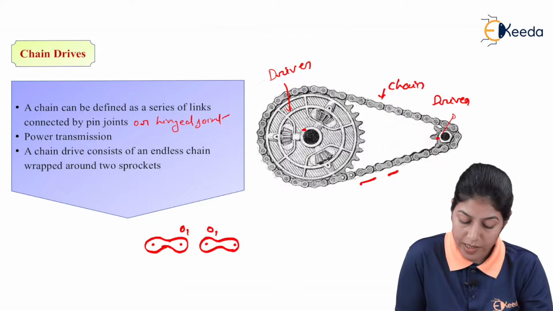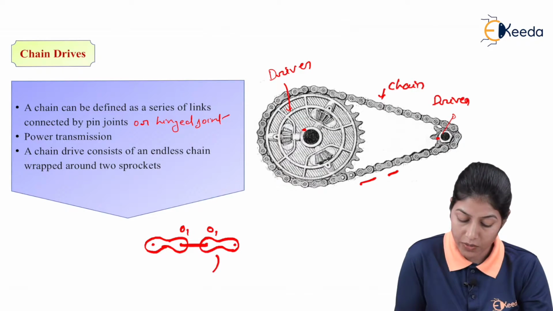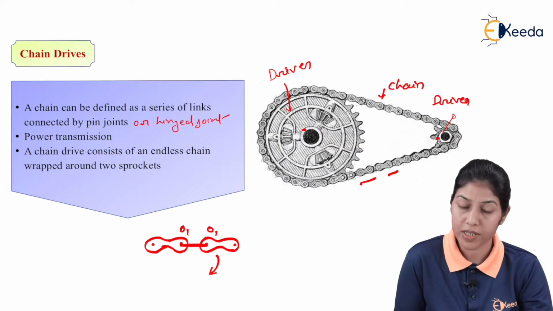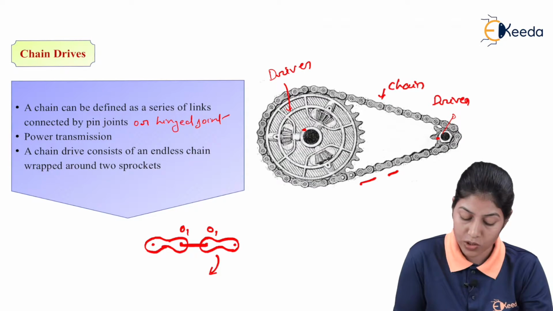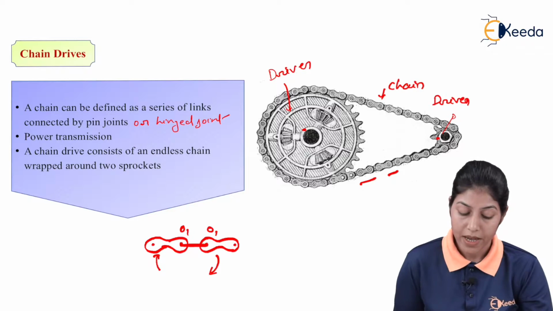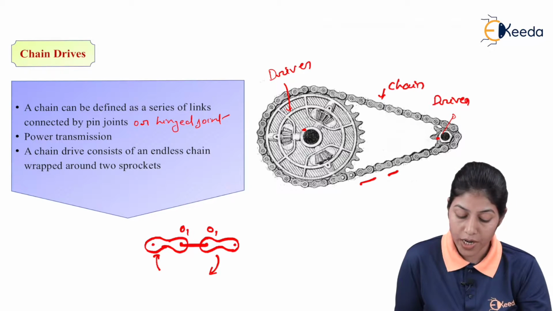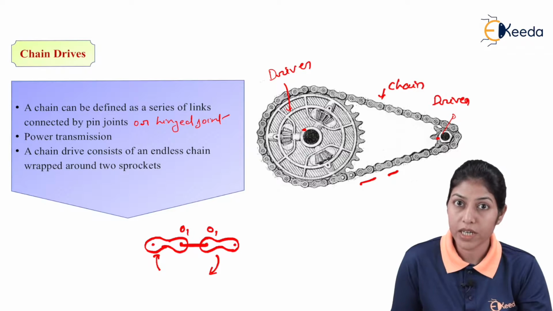Here this link is in contact with this particular link with the same center, and one link will rotate about this particular center, and this second link can also rotate about this center. So this combination of two links is representing the kinematic pair. And if a number of links are joined by hinge joints or pin joints, that particular term is called the chain.